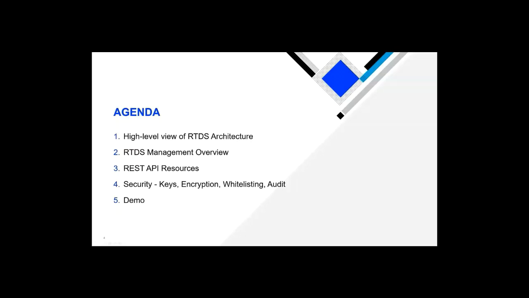The third point is the introduction to the REST API resources used as a new way of RTDS management. The fourth point is about how the REST API communication and the data handshake are secured. And at the end, Parivat and Xiaoming will show you the live demonstration and some examples of how to define and how to call REST management requests. The presentation over to you, Parivat.